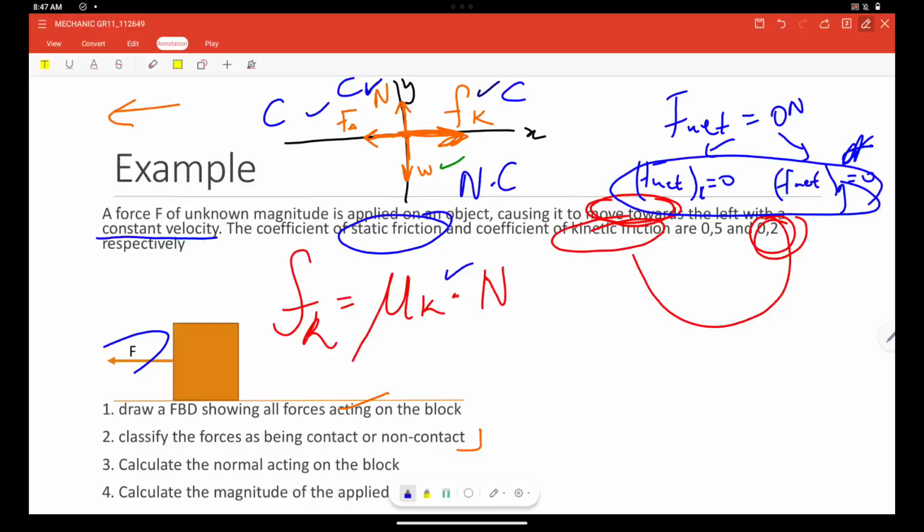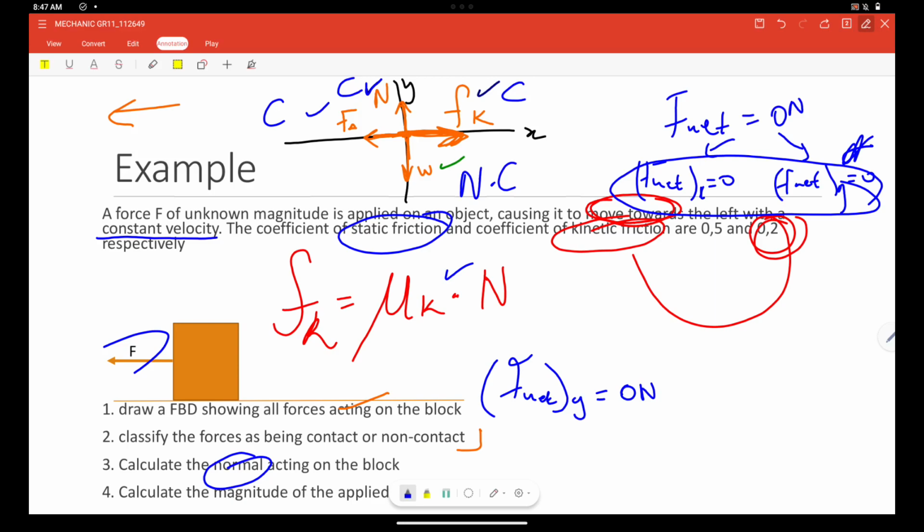If we look at the normal force, that's what we're trying to calculate. It's along the y direction. So we need to sum forces along the y direction to find the normal force. And in general, you'll realize that to calculate the normal force, you need to sum forces along the y direction.